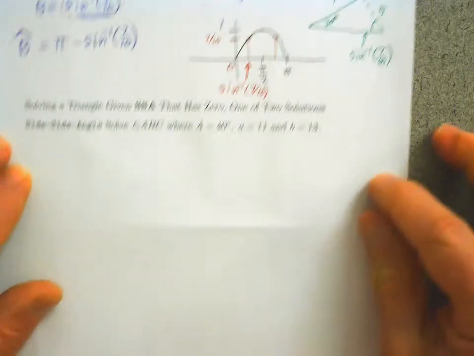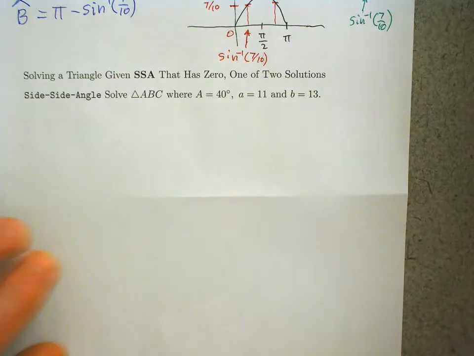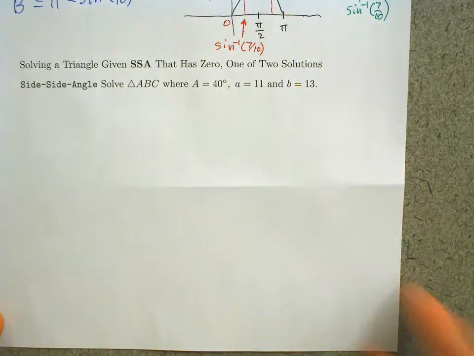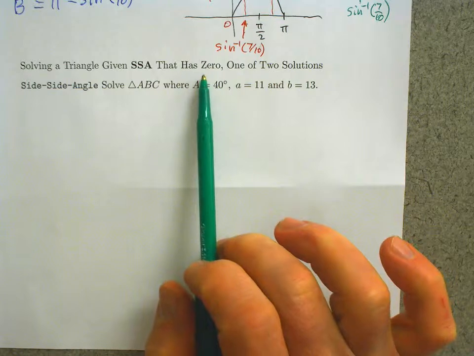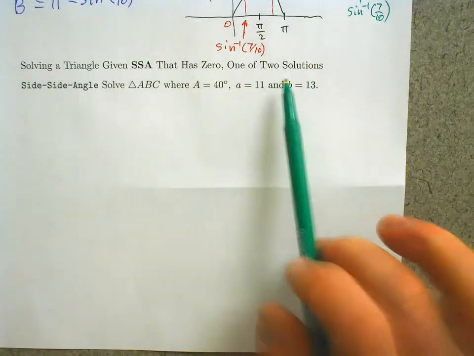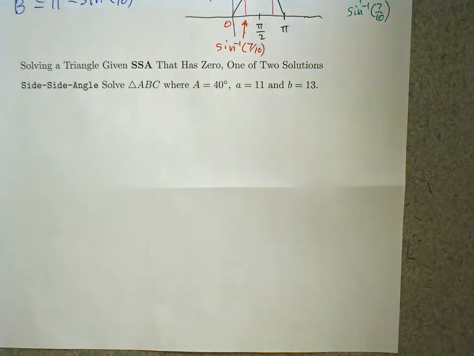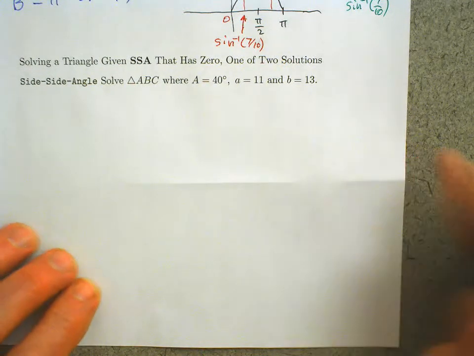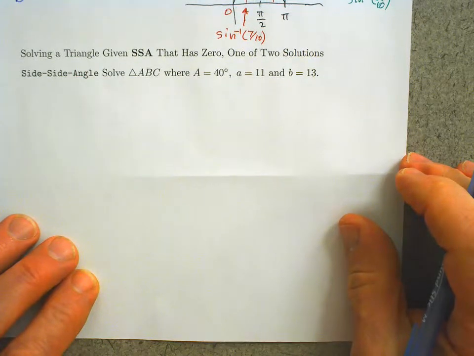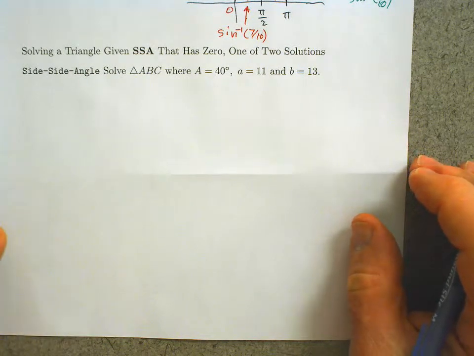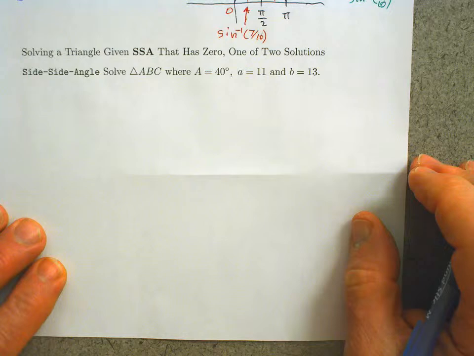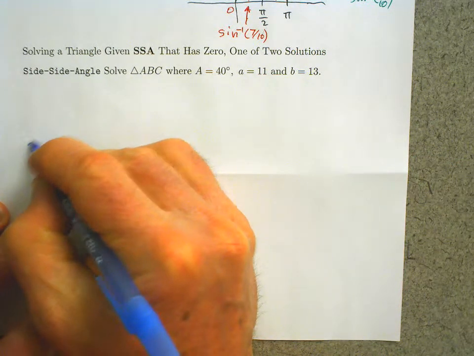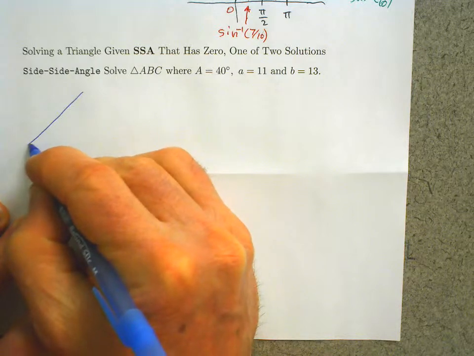Okay, in the next example, well, this is a toss-up. We have a side-side angle, and it either has 0 solutions, 1 solution, or 2 solutions. Okay, so in triangle ABC, angle A is 40 degrees, side a is 11, and side b is 13.